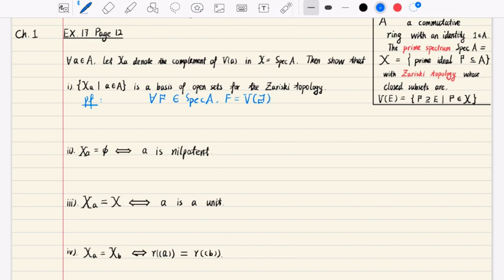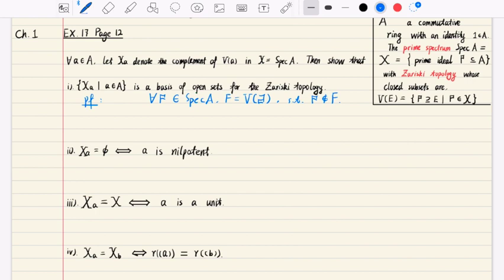You can directly choose a radical ideal, but I just write down an ideal such that P does not belong to this closed subset, which means that P is a point in the complement of F.